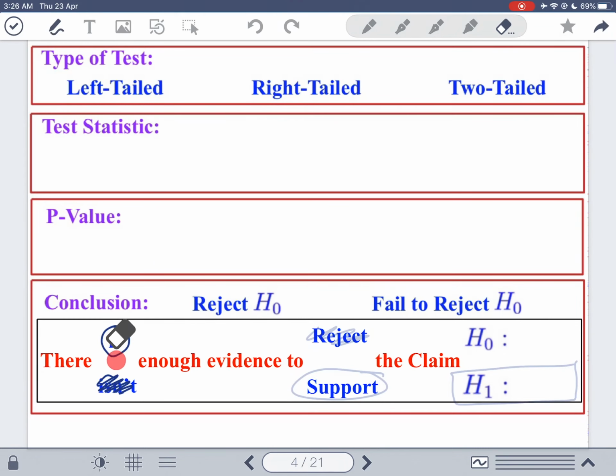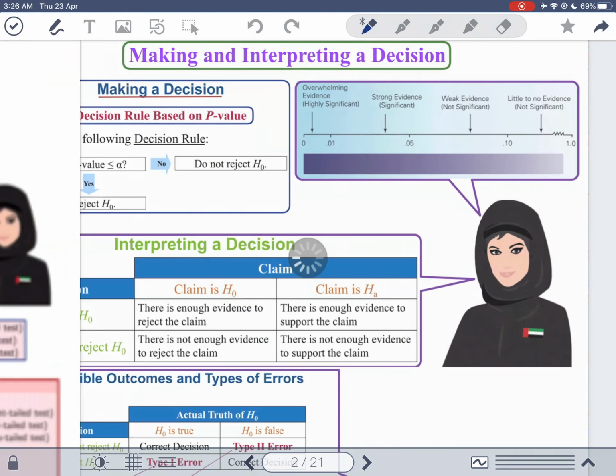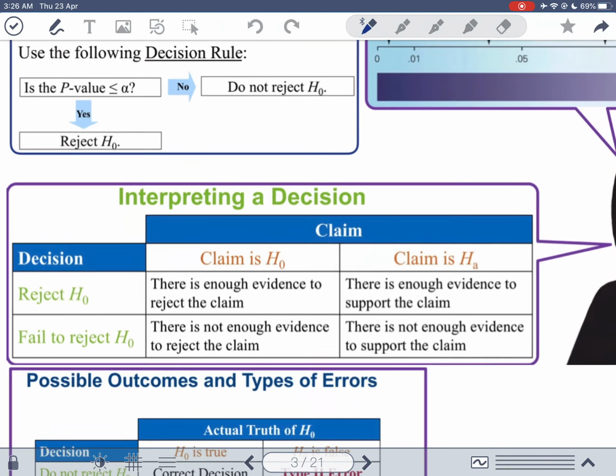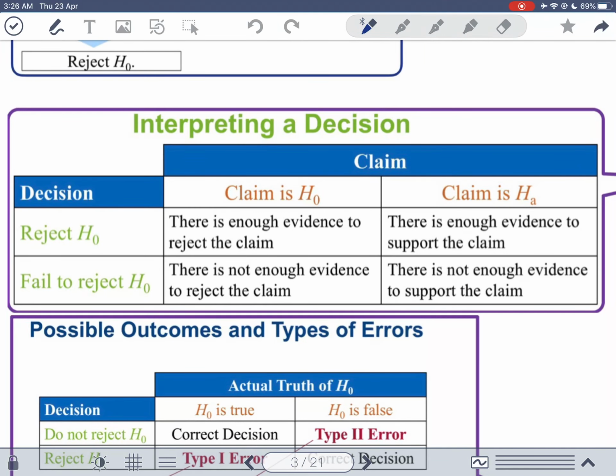So let me show you the 4 different situations that you can get as a decision. Your claim could be H0 and you reject it, or your claim is H0 and you fail to reject it, or your claim is HA or H1, the alternative, and you reject H0. Remember, H0 is the one that is either rejected or failed to reject. You don't talk about rejecting H1; with H1, you talk about supporting it.